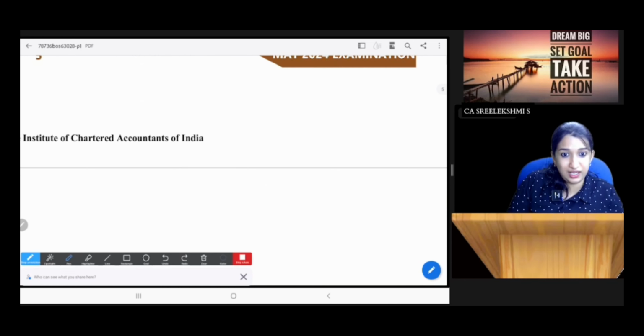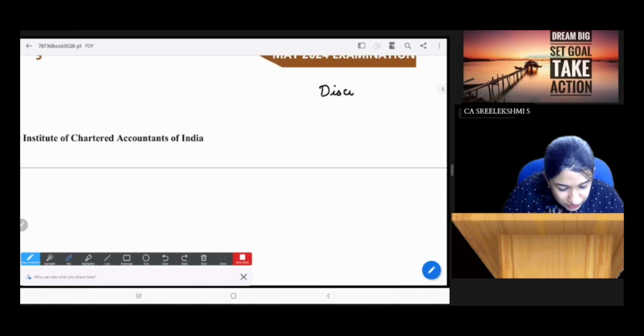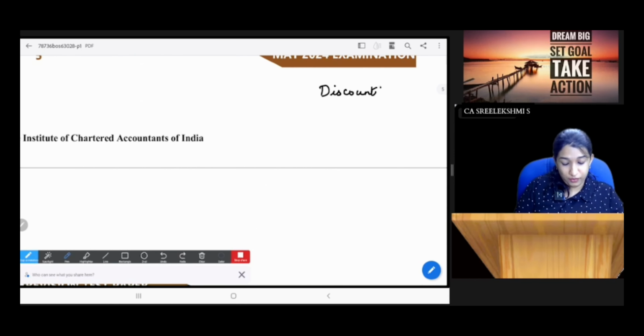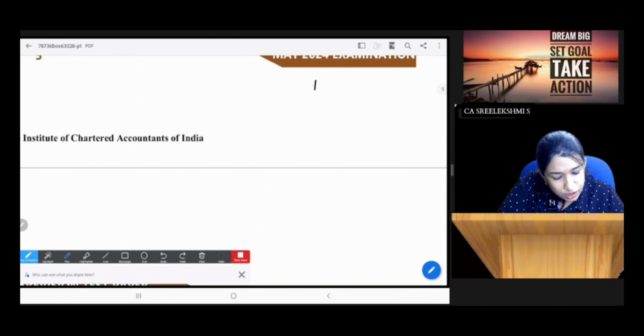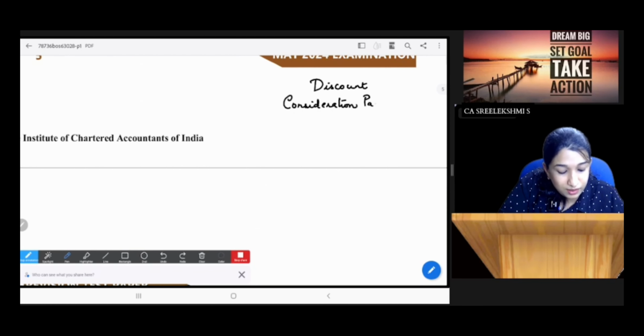There is no condition attached to it. And again, what is the treatment of this discount? So come on everyone, what are the treatments of discount as per 115? Is it addressing the treatment of discount? Yes, very much. As consideration payable to customer.